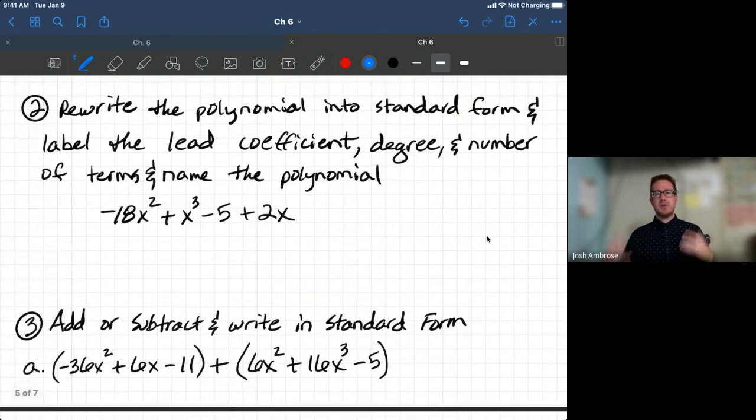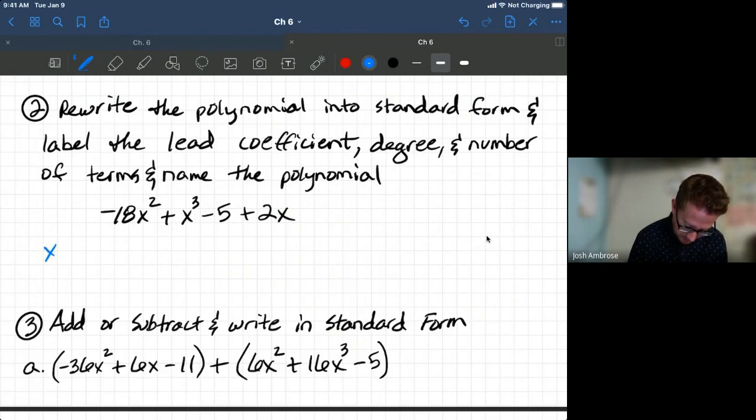All right, let's move on to number 2. We got multiple things they're asking, none of which are very difficult. So we need to rewrite the polynomial into standard form. Step 1: find the biggest exponent, put it up front, and then work your way down. So x to the 3rd has the biggest exponent. We took care of that.